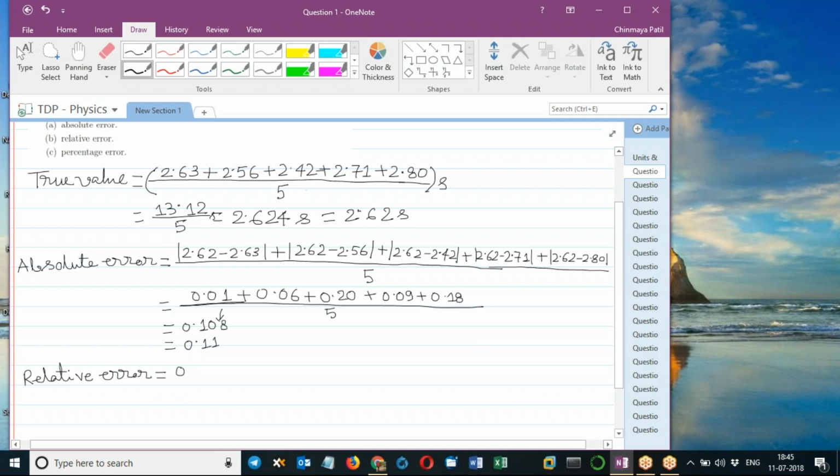What is the absolute error? 0.11 divided by the true value 2.62, and if you divide you will get the value 0.04.